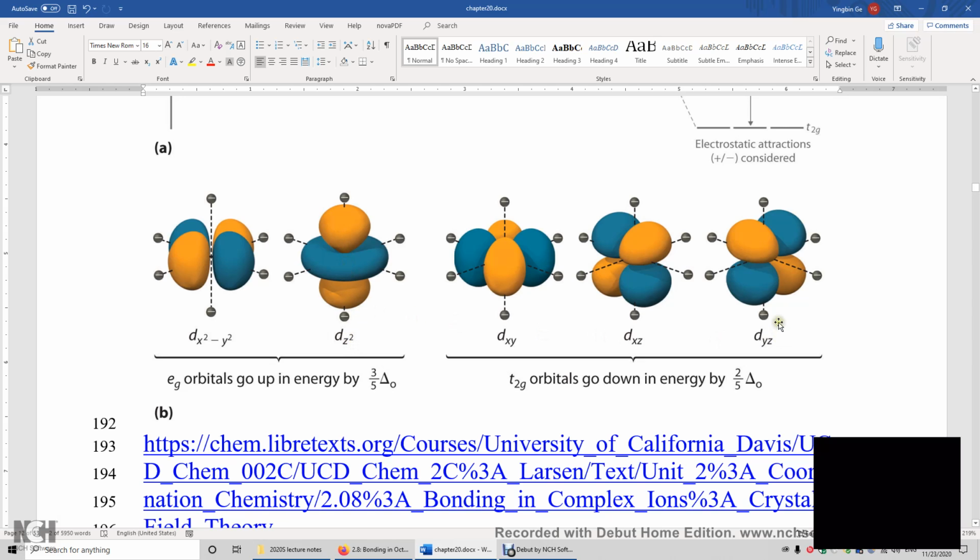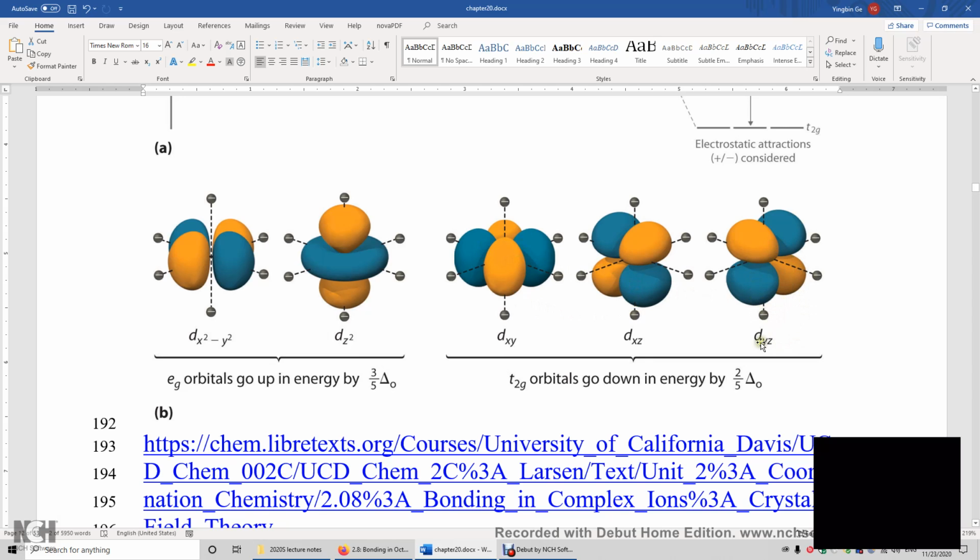And also here, although these two lobes are not directly pointing up, they are above the z equals 0 plane, so these two are closer to this negative charge than this 4.